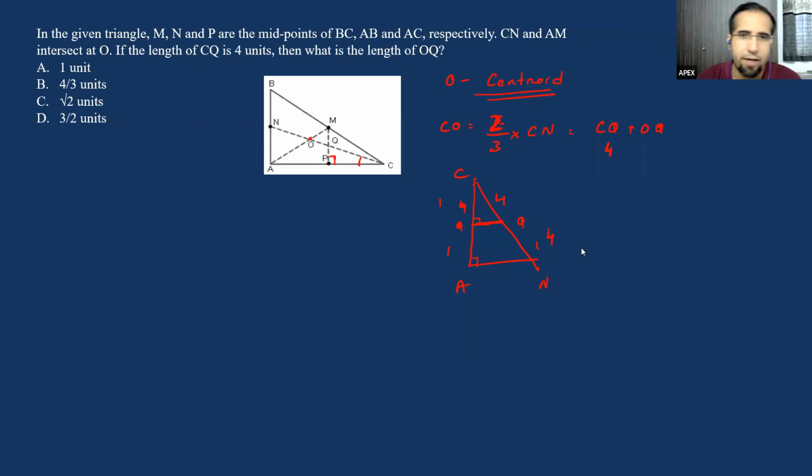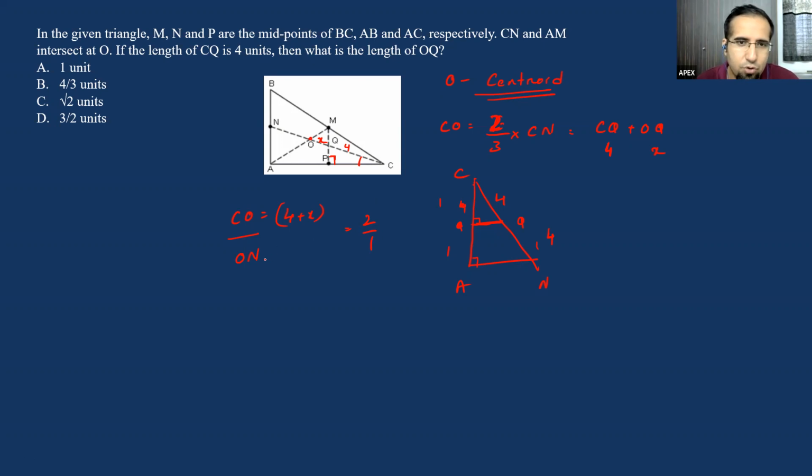So what am I further looking at, guys? If I'm looking at it this way, this is 4 and this is also 4. Okay, so this value is 4. And let me assume OQ is equal to X. That means I can say that CO is equal to 4 plus X. Okay, and I know that CO by ON will be in the ratio of 2:1 because the centroid divides the median into parts of 2:1 from the vertex.